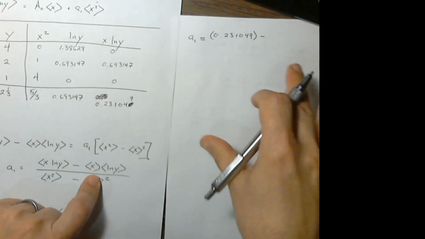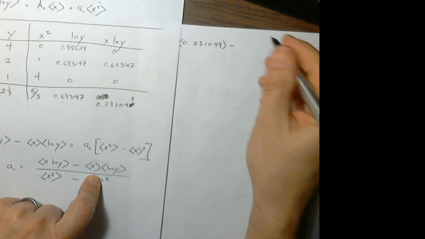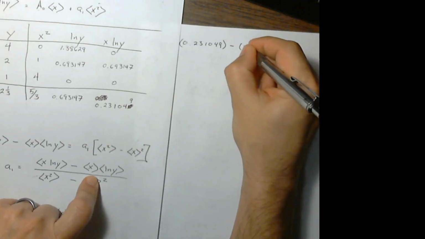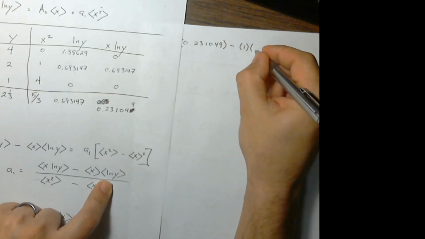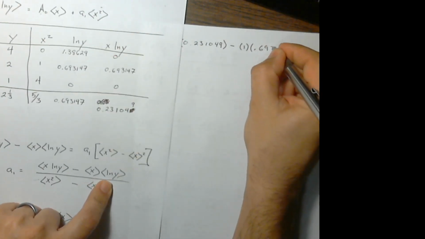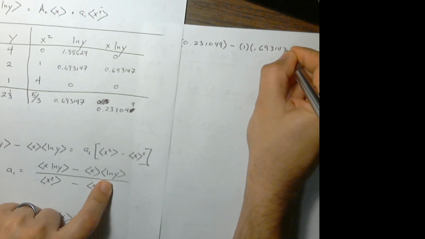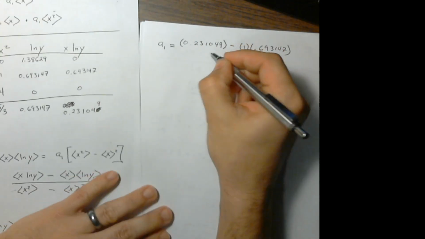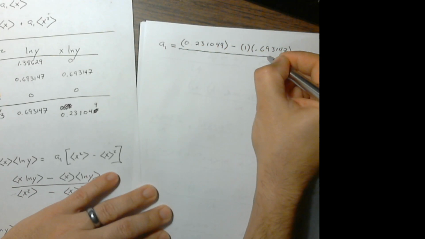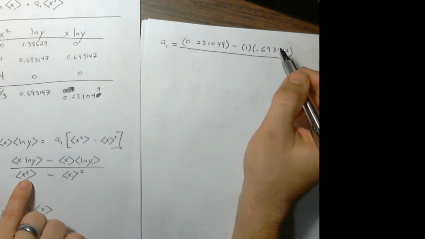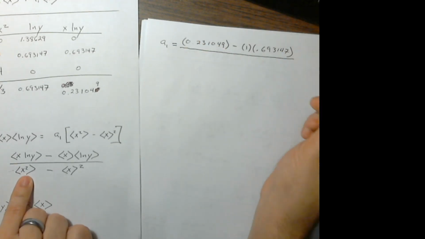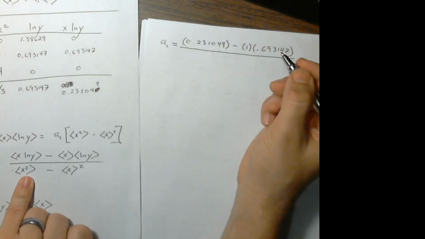Minus expected value of x, which is, last I checked, 1, times the expected value of the log of y, which is 0.693147, divided by expected value of x squared, which we said was 5/3.